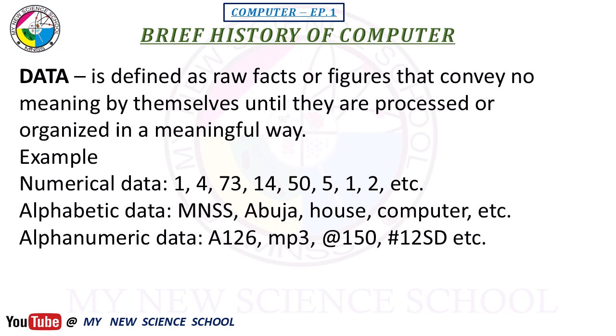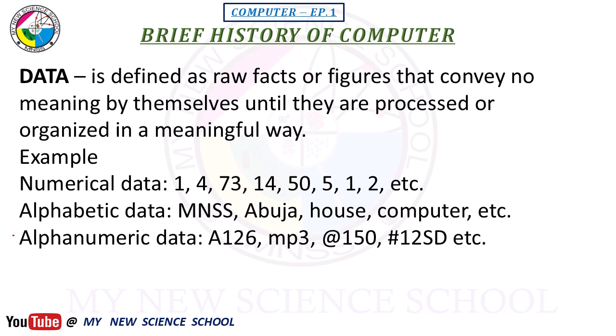So after we process data, the processed data becomes information. Examples of data: we have numerical data, something like 1, 4, 73, 14, 50, 5, 1. Let's call these scores. Let's say a student scored these in a test or bonus marks. It just has these scores.